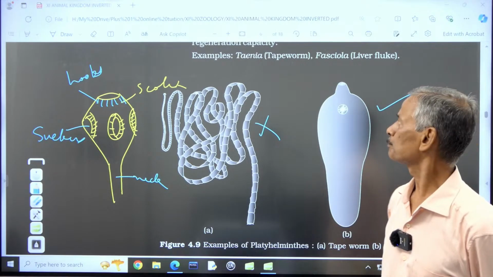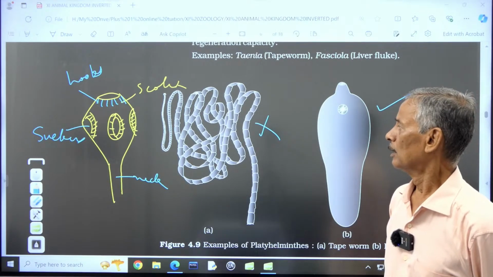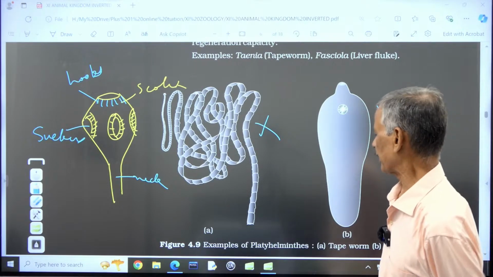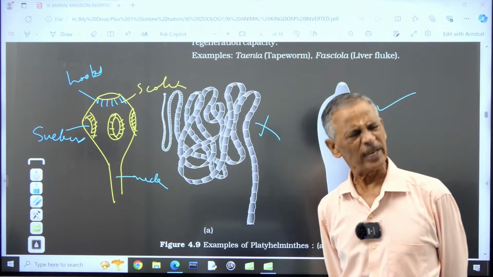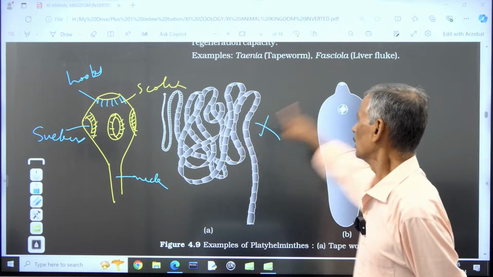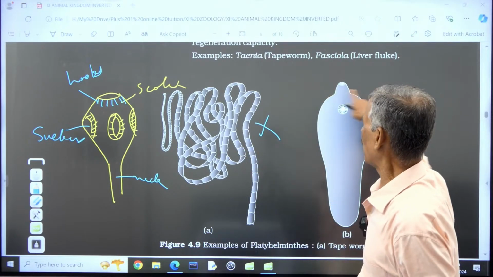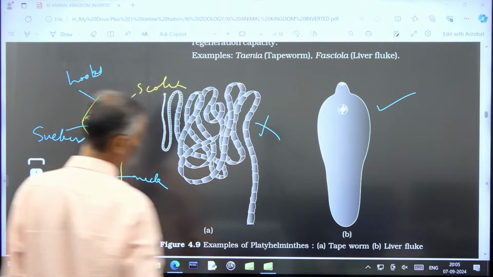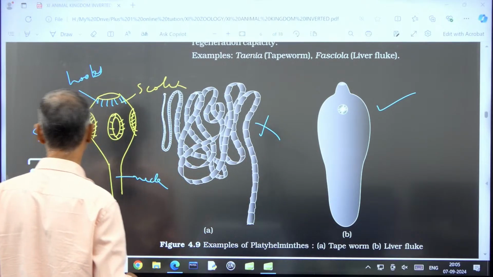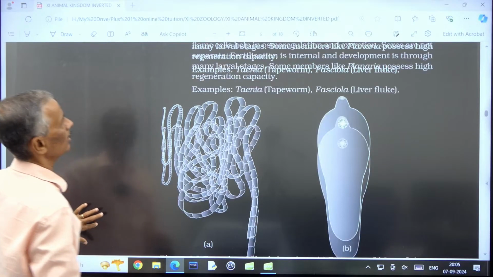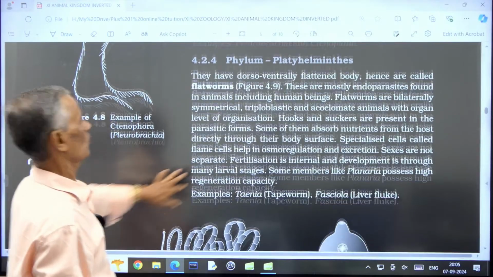Planaria has an amazing power of regeneration. The life cycle of parasites, for example Fasciola and Taenia, is very complicated, with a large number of larval stages.